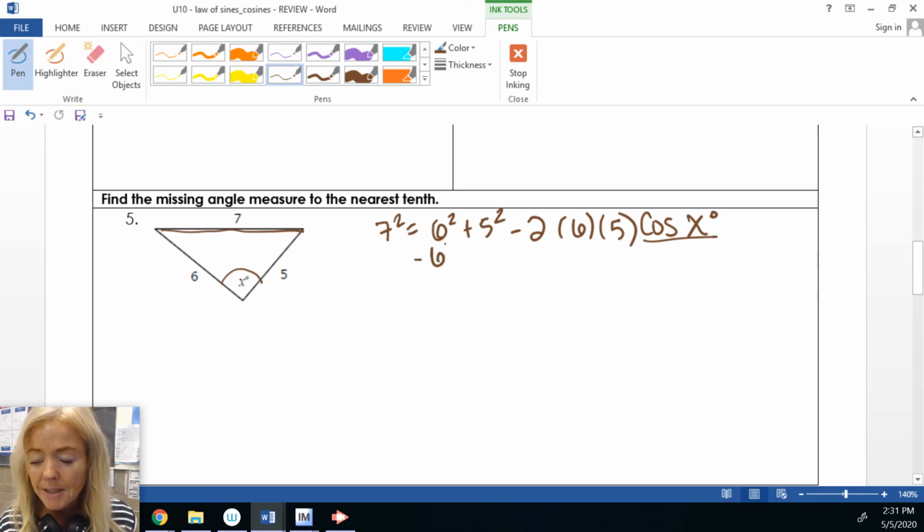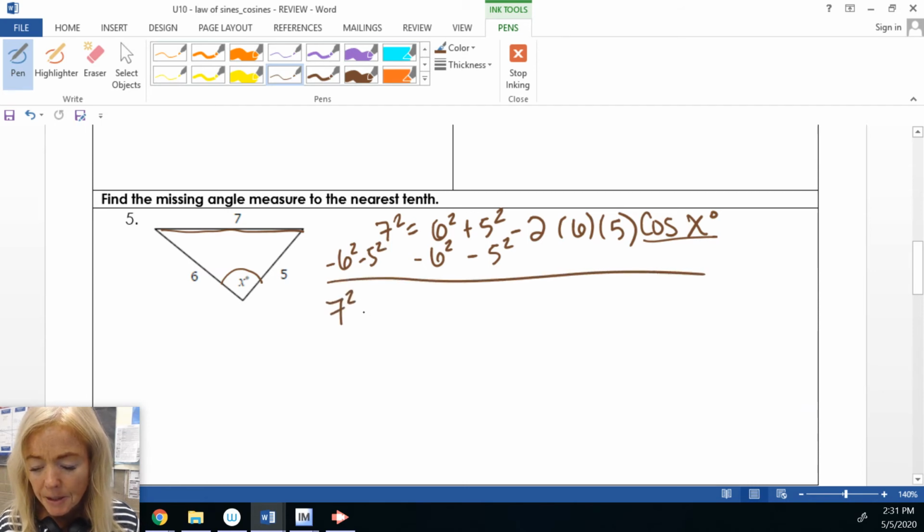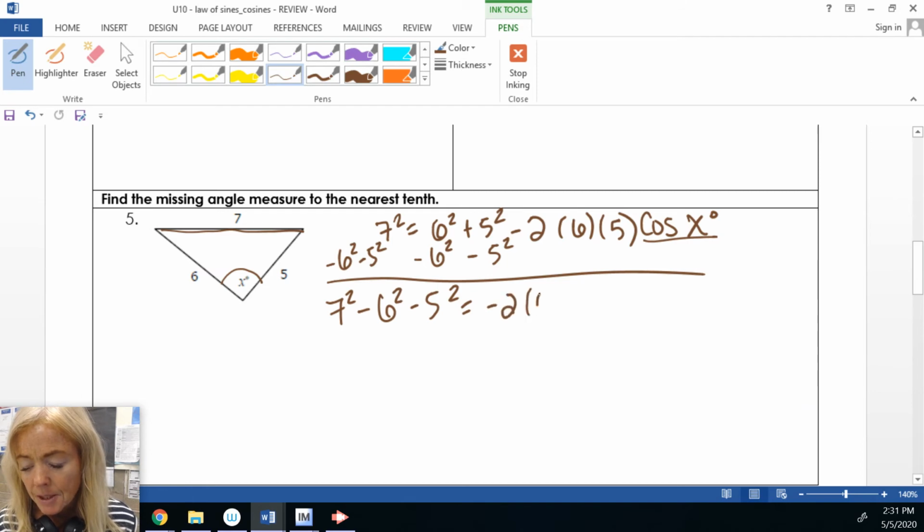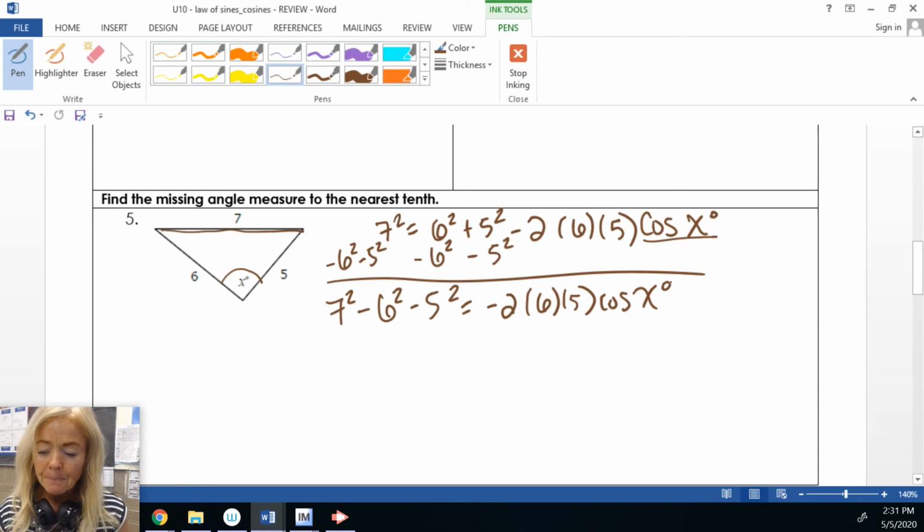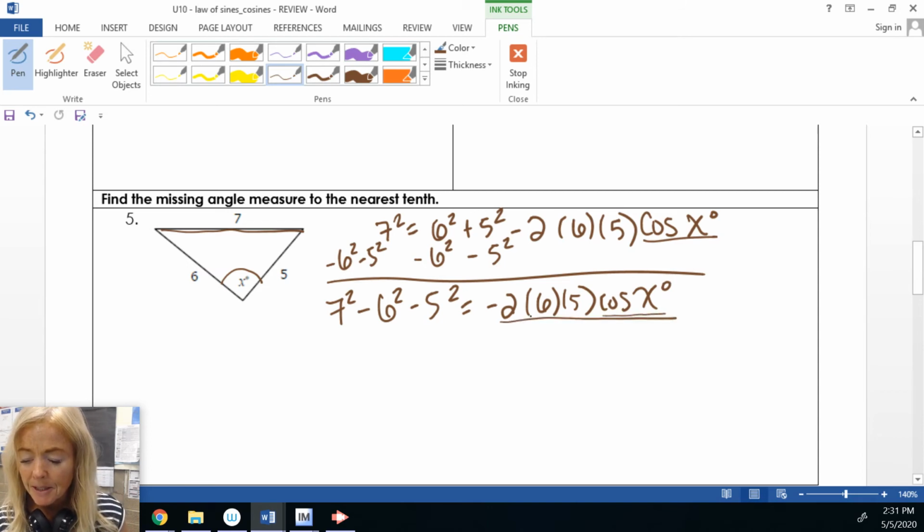So we subtract 6 squared and 5 squared from both sides. That gives us 7 squared minus 6 squared minus 5 squared equal to negative 2 times 6 times 5 times the cosine of x degrees. Remember, we're trying to solve for this, and it's being multiplied by this. So we divide by negative 2 times 6 times 5 so that they all go away.